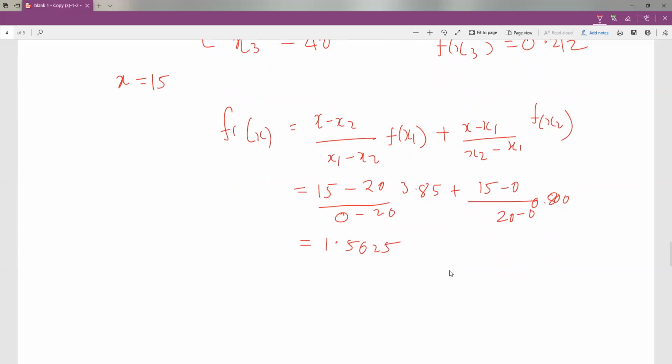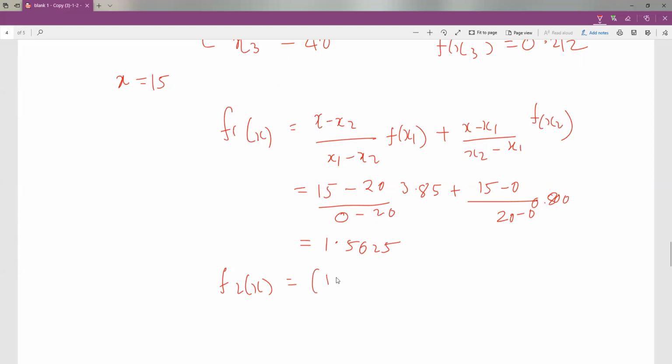Then we evaluate the quadratic, that is f2(x). The formula for the quadratic we have just derived. We have three data points and we will use all three.